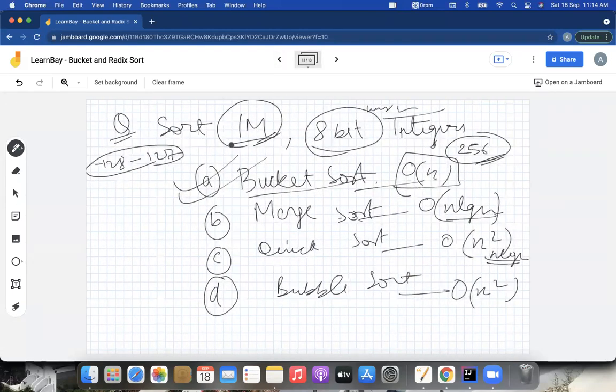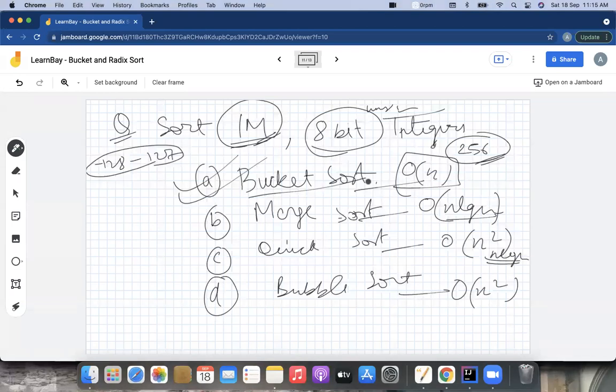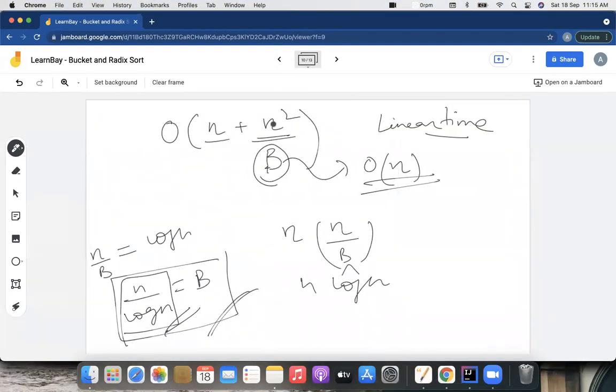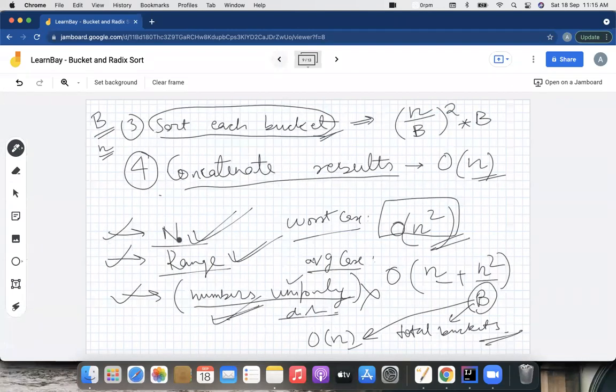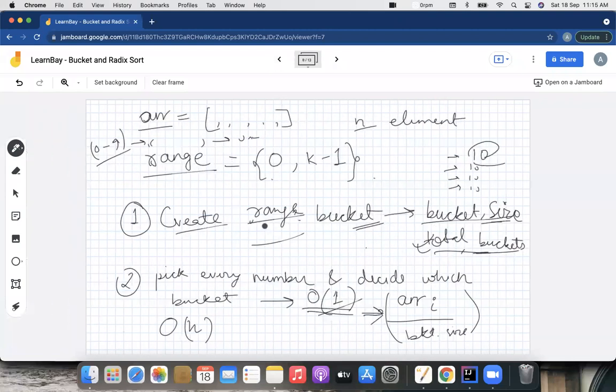Firstly, is this solution clear? If you have 1 million 8-bit integers, you can solve this problem using bucket sort in order of n time, right? Because of the way we are solving it, we follow the approach. We create range buckets. Here, bucket size is 1. Total number of buckets will be 255. Pick every number, decide which bucket it goes to. In order of one time, we see the array index and it goes in that bucket.